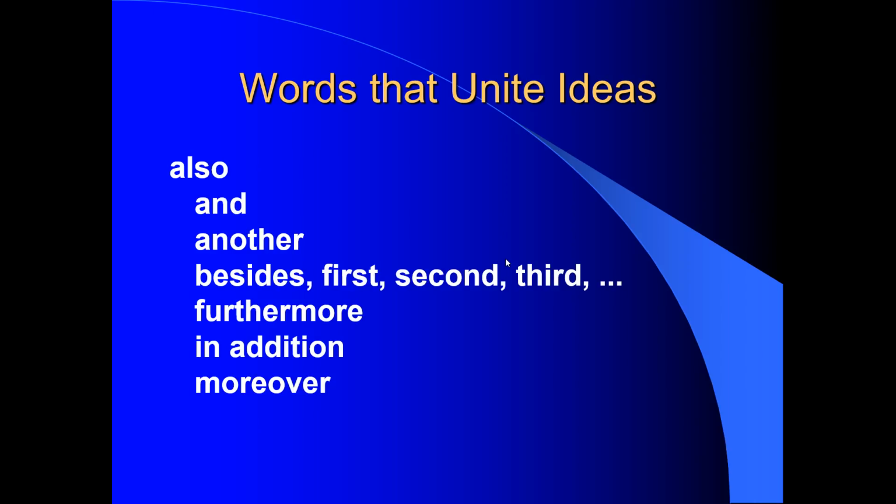However, when you use a term like first, second, third, or go down the line, even though I didn't overtly carry it beyond that, fourth, fifth, what have you, when you use more specific transition words like those, you're forcing yourself to cover your ideas in a very specific order.